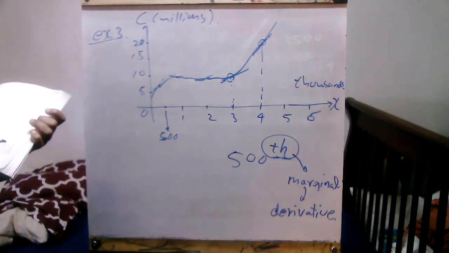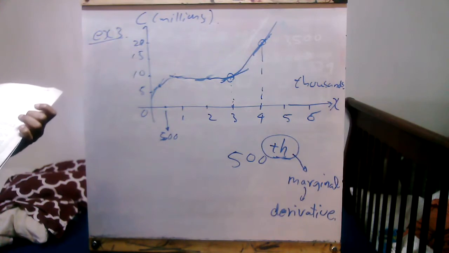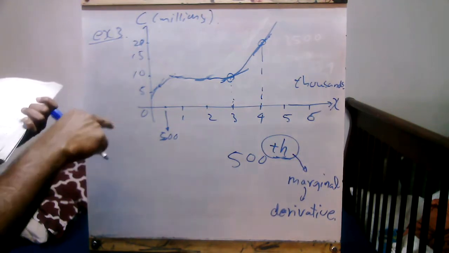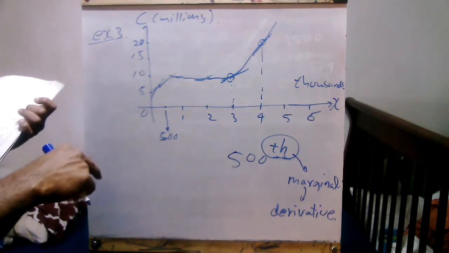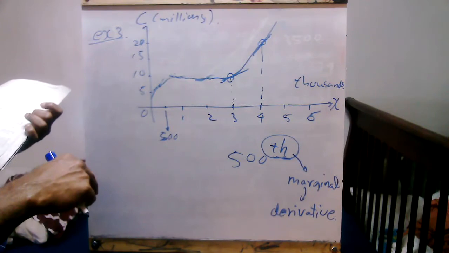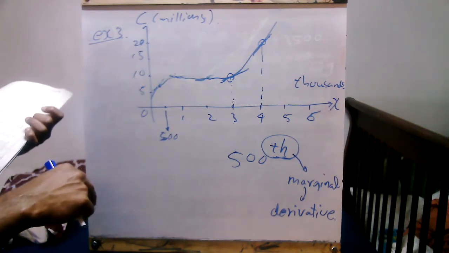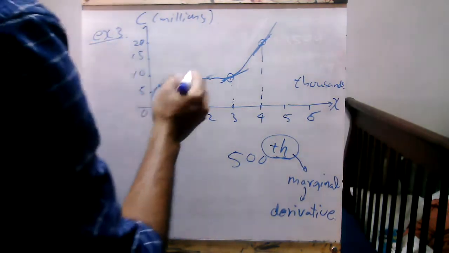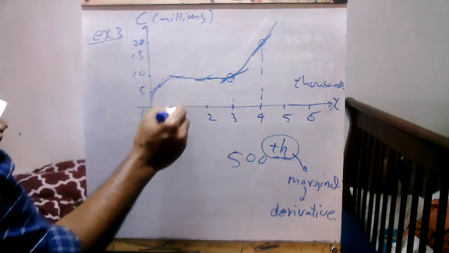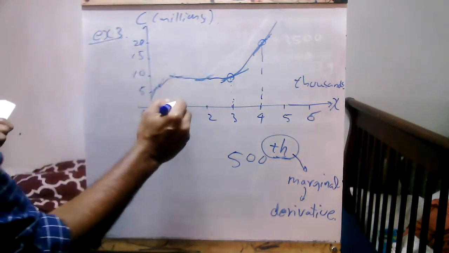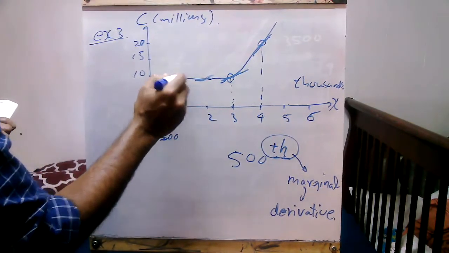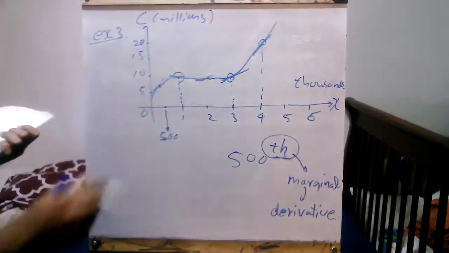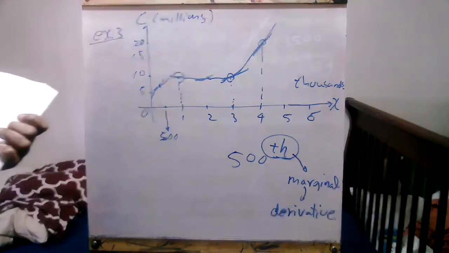Okay, what production level is the marginal cost lowest? The marginal cost is lowest around here. The slope is almost 0, right? That means at the level of 1000.